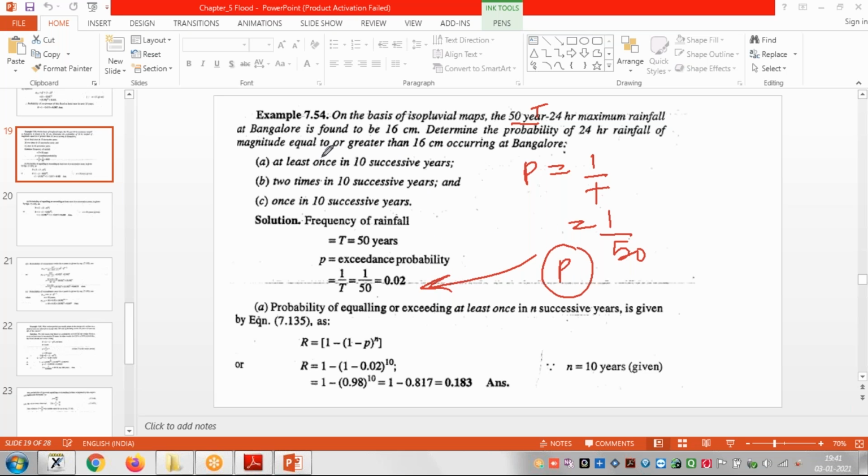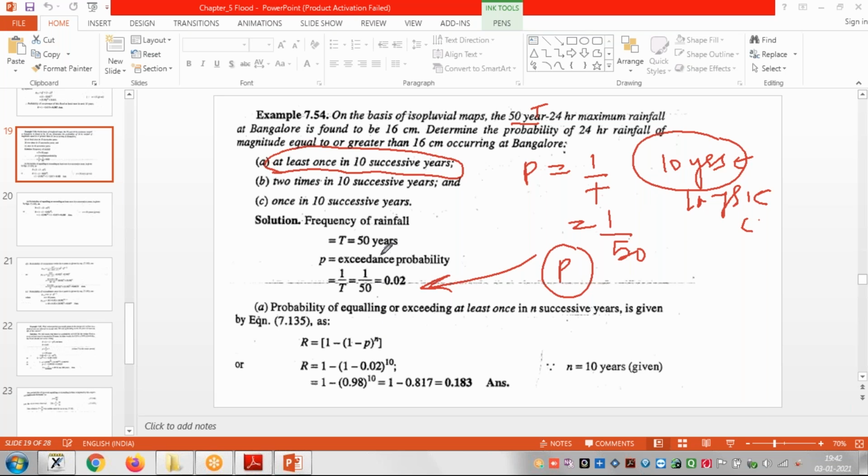Now, what he is asking first is to find the probability of at least once in 10 successive years. For example, after every 10 years, what is the probability of occurrence?